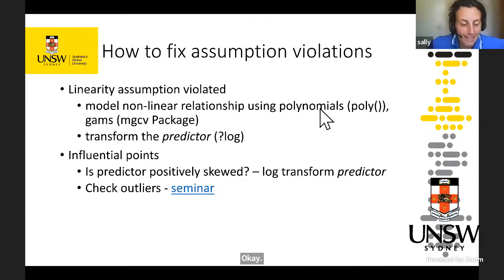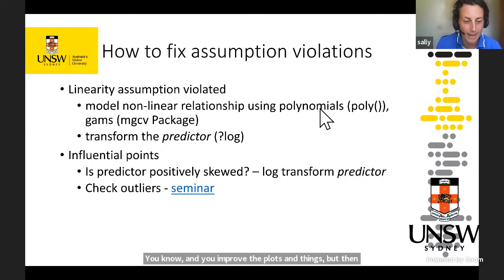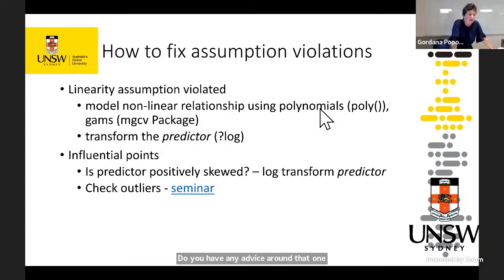I have a question then. Sometimes I find you can do a logarithmic transformation and improve the plots and things, but then you reduce the ability to communicate what the model means. Do you have any advice around that one? Not good advice. The advice I have is to plot the output of your models.